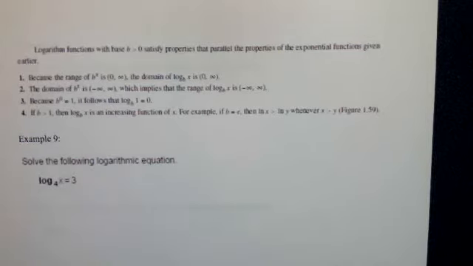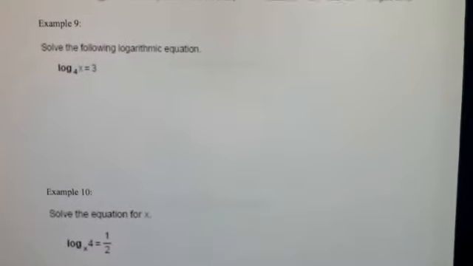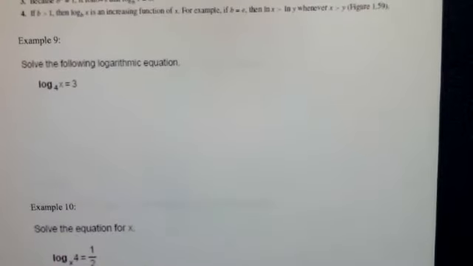Okay. All right, in examples 9 and 10, we're going to solve some equations here. And these are logarithmic equations that we're going to solve. Starting with log to the base 4 of x is equal to 3, this is example 9 in your handout. So if I want to solve this logarithmic equation, I need to convert that to its equivalent exponential form.